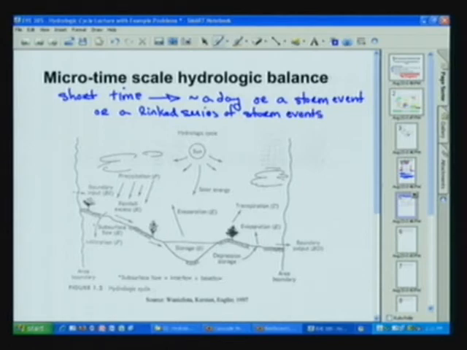So those three things: a day, a storm event, or a linked series of storm events.